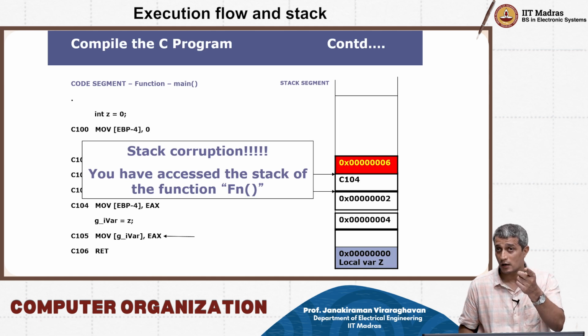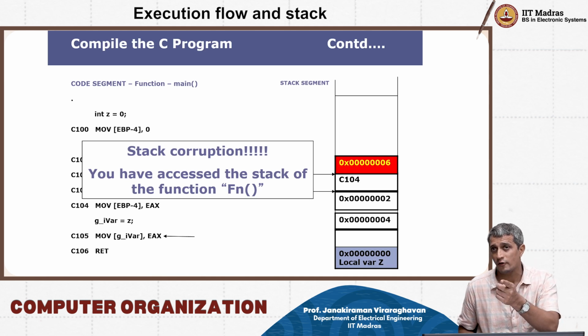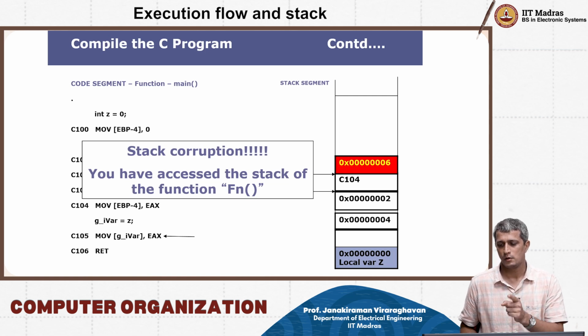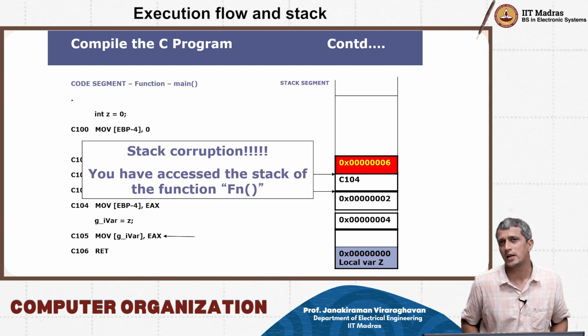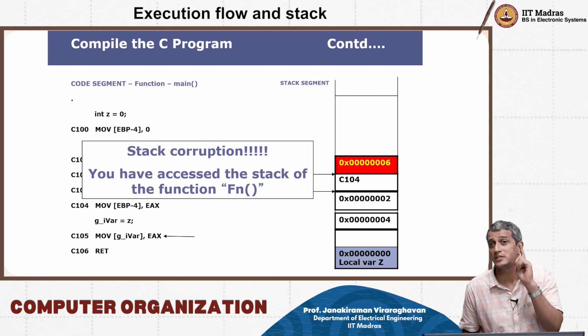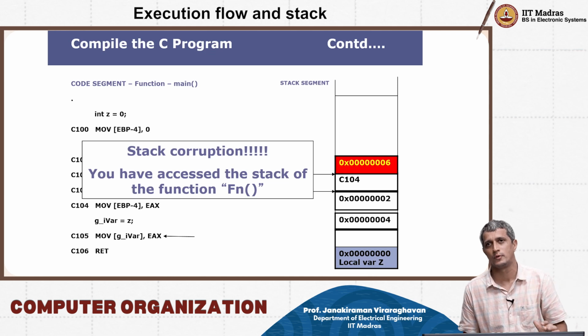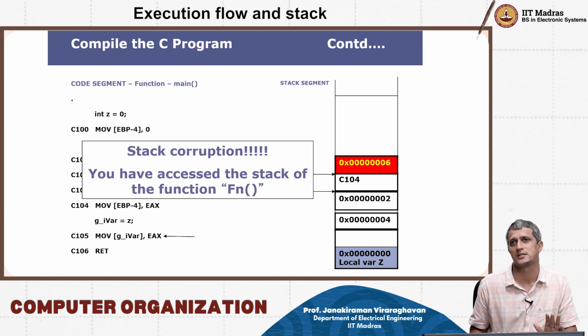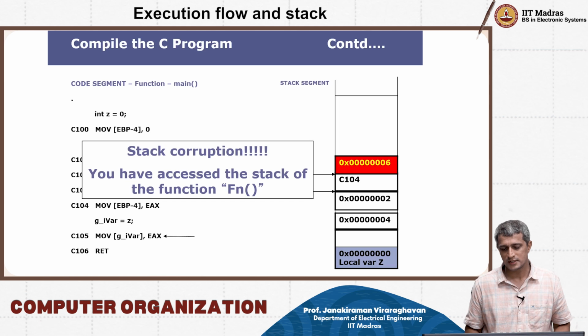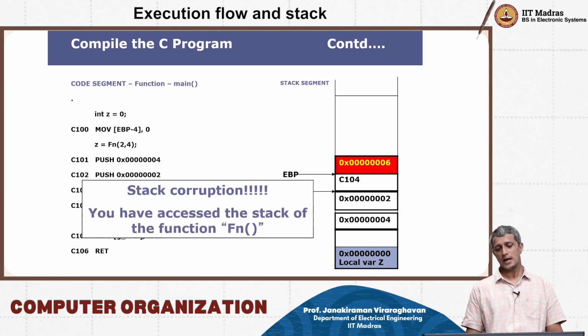Because the return value from the function fn is going to come through EAX. That is an agreed protocol, right? But now when you do this move EBP minus 4 comma EAX, you have accessed the local variable z of fn rather than the local variable z of main, and therefore it is a stack corruption. Okay, that z of fn has gone out of scope and you are not supposed to actually access it, right? So this is where the problem is, right?